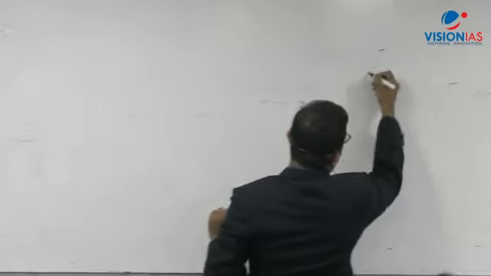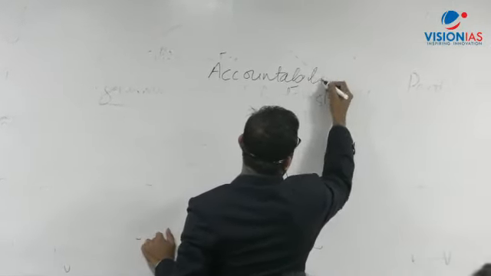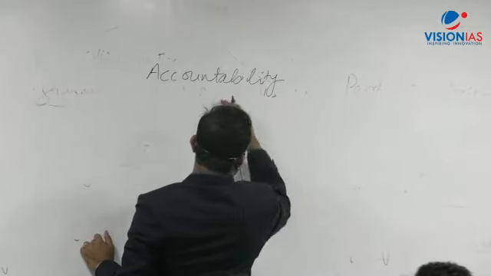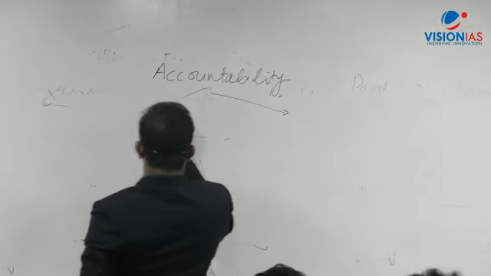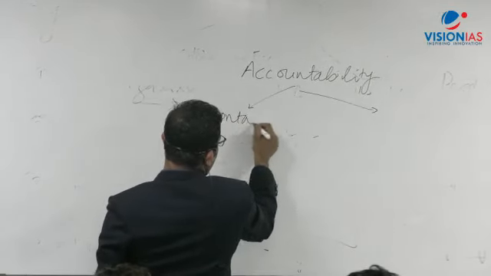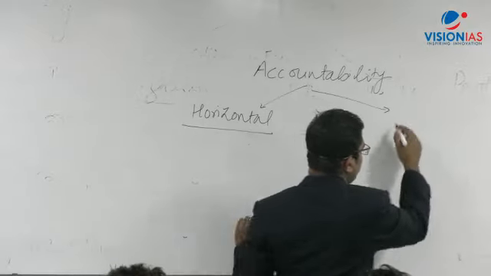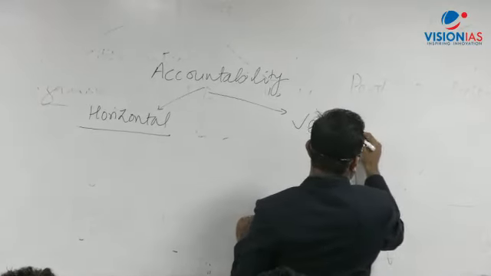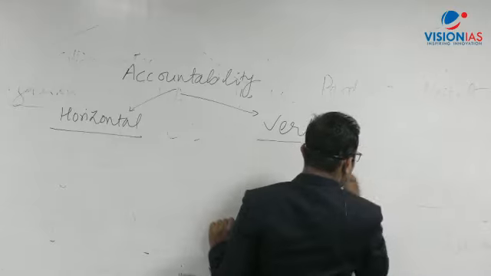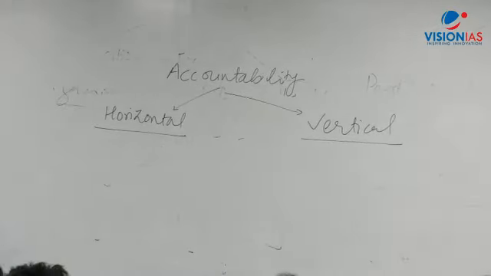The mechanism of accountability can be divided broadly into two parts. Horizontal is accountability within the state institutional structure, and vertical is the accountability of the state institutions towards the non-state or directly to the people.